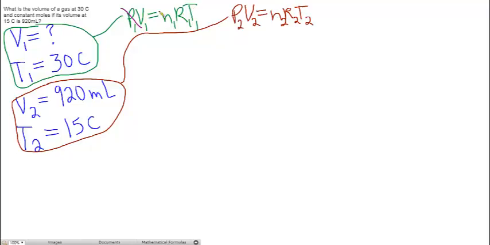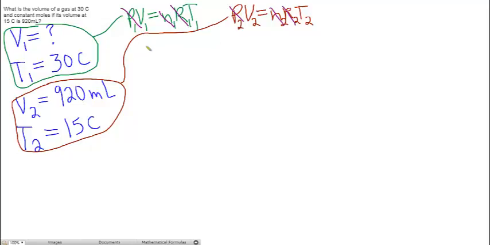We do not have moles or the R, so we're going to cross those off. For this one, we don't have a pressure, so we'll get rid of that. We have a volume. We have a temperature. We don't have moles and we don't have R. So if we were to equal these out right now, it would look a little funny.